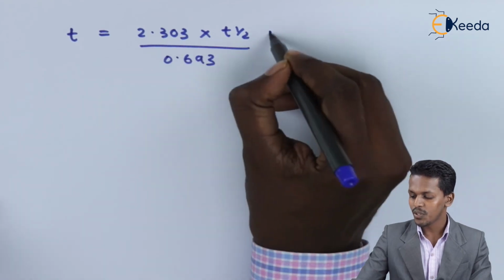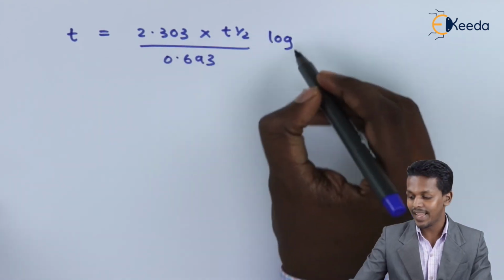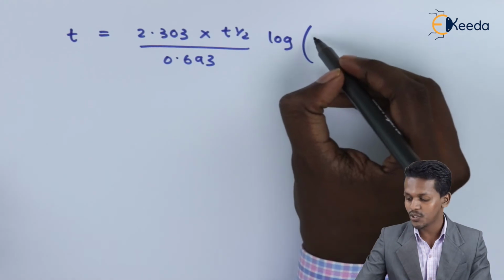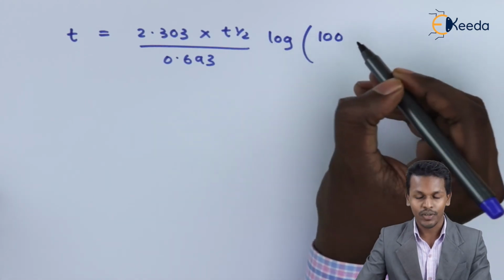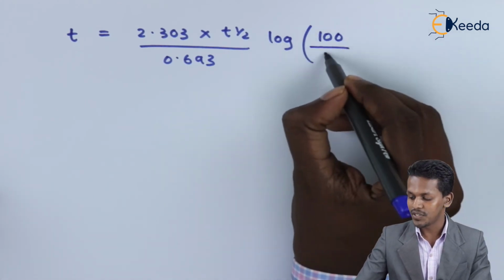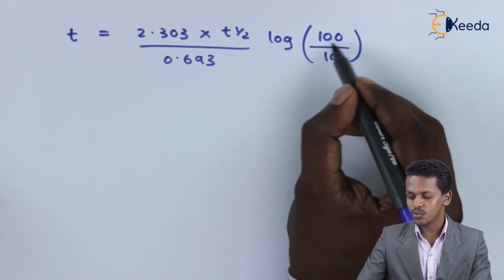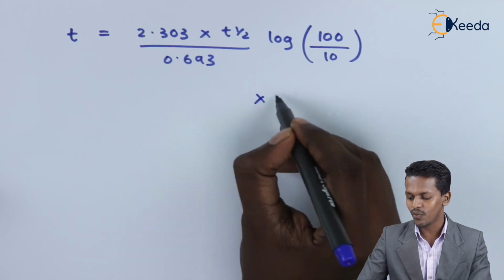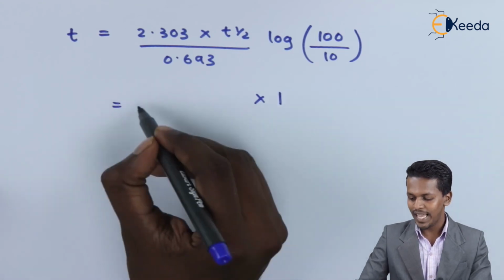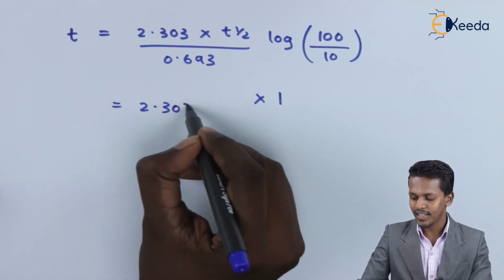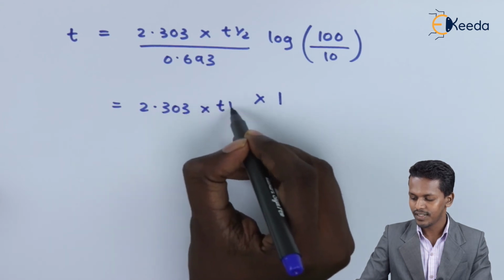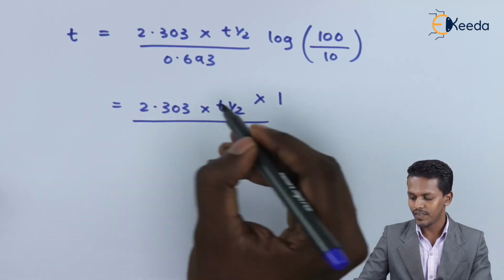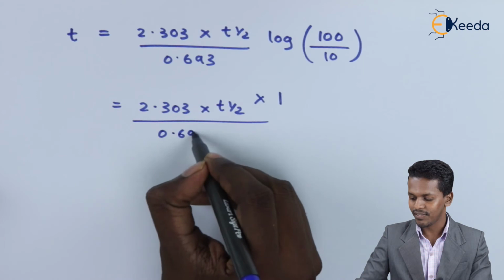0.693 log to the base 10 of N0 divided by N. In that case N naught is 100 divided by N, which is 10, which gives log 10, and log 10 is nothing but 1. So we have 2.303 into T half into 1, the whole divided by 0.693.